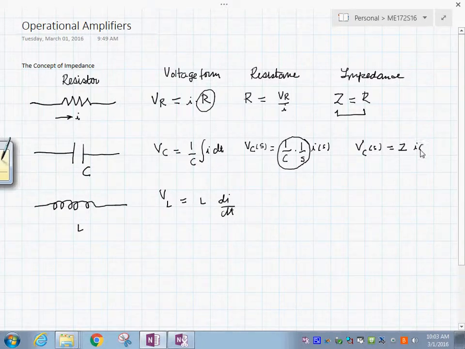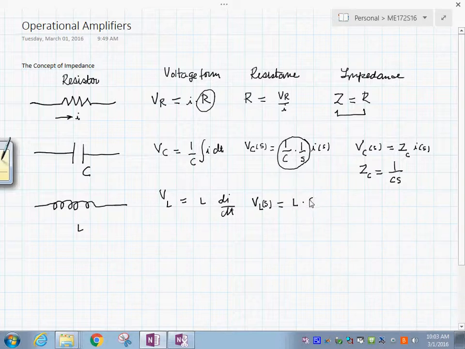Okay. Now for the inductor, if you put the voltage in the S domain, this is L times S times I of S, right? So you could say, do you notice here again this form? Do you see?